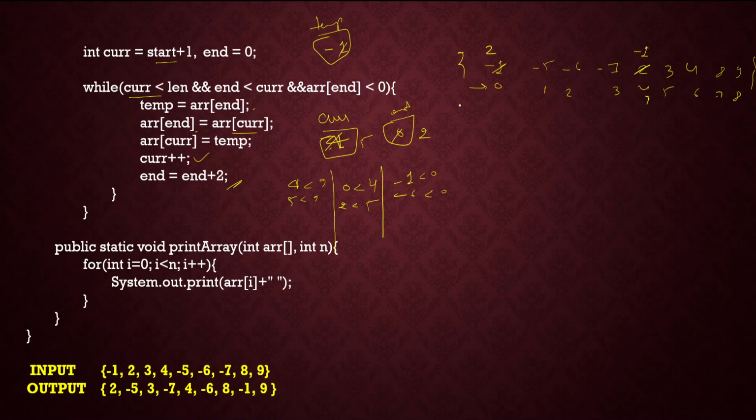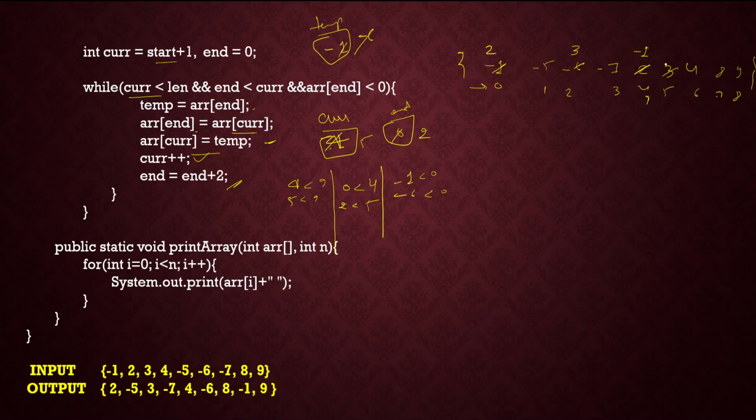Value of array of end, which is -6, will be placed into temp. Now the current value will be placed to which location? The second location, at the end location. I can assume that you are understanding this particular point. Then the temporary variable will be placed to this particular current location.